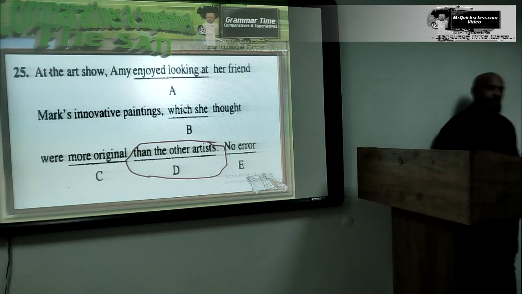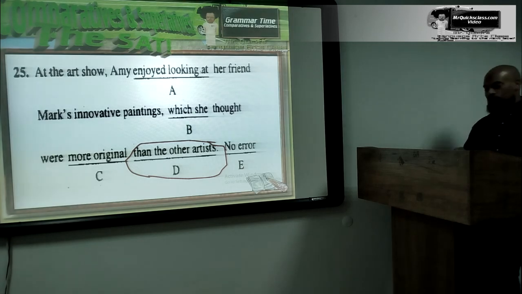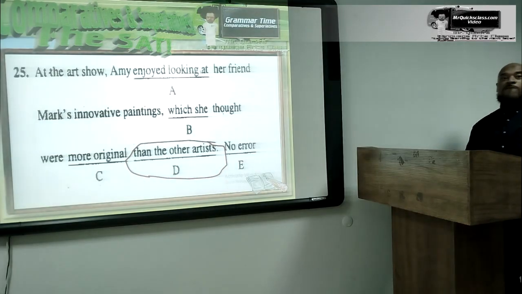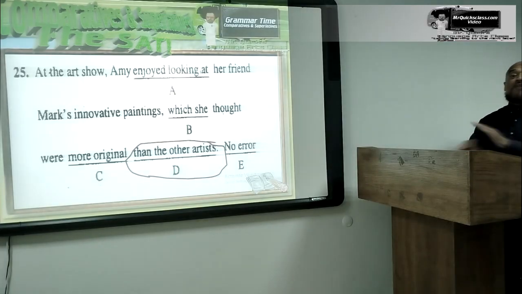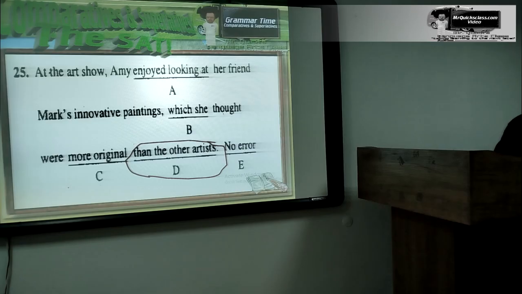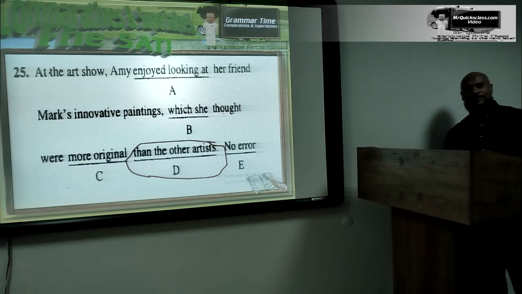Modifier issues. These are some of the advanced grammar items they test you on that you don't see immediately. You've got to look at it 20 times, or 50 times. If you won't even bother learning grammar, then you just aren't going to get it. You're going to do the only other option, which is the big G. Guess.